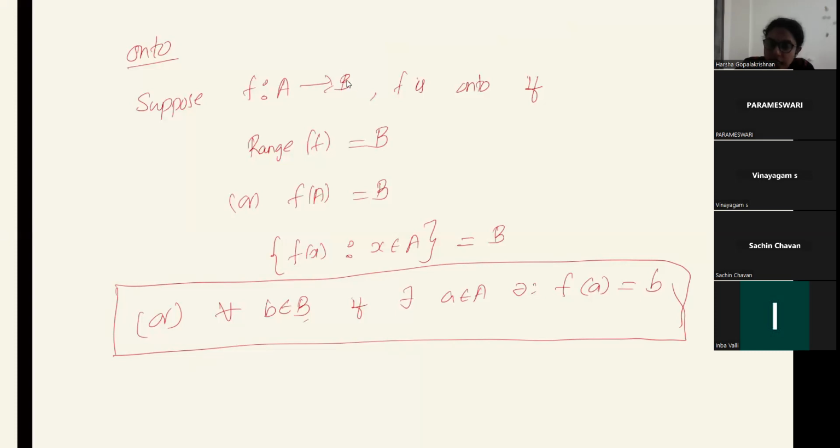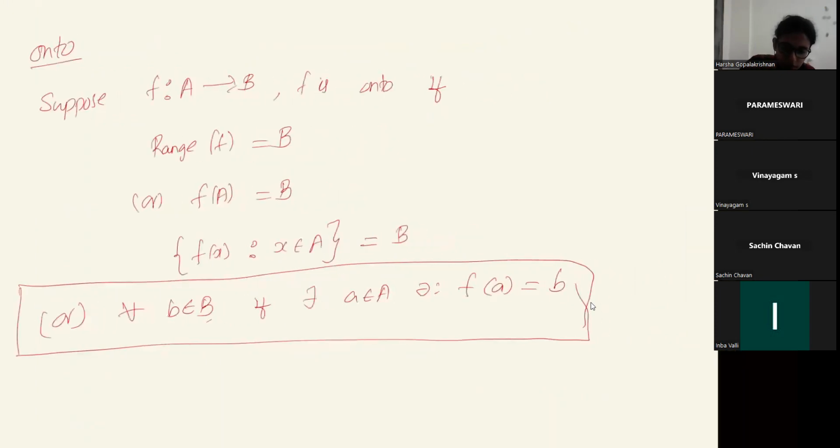All elements in B should be mapped under f. Yes, that is what he is saying: if I take any element in B, there should be some element in A mapping to it. Madam, please explain with some example. Okay, I'll explain.